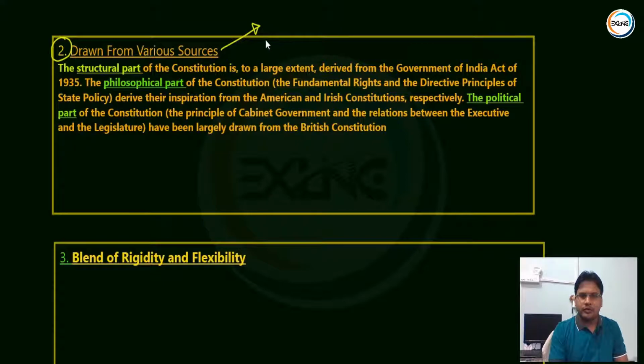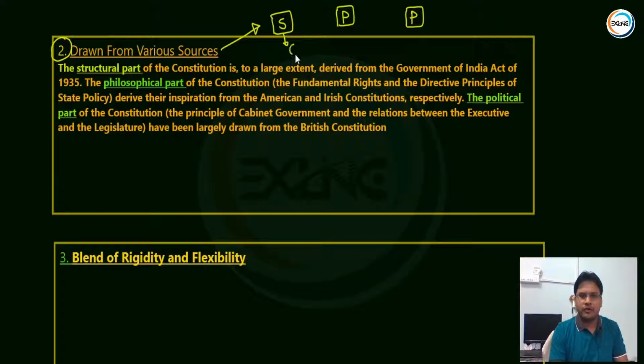Indian Constitution को जब भी हम लोग study करते हैं, broadly we divide it into three parts: the structural part, the philosophical part and the political part majorly. So structural part जो है, primarily that is kind of a skeleton.